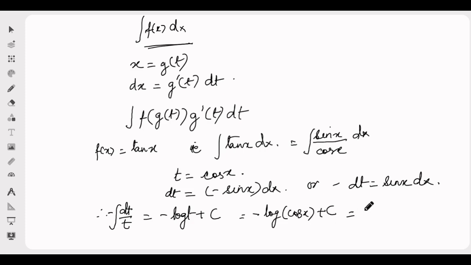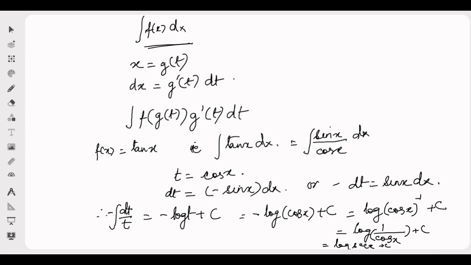Or you can write this as log of cos x raised to the power minus 1. This is the property of logarithmic functions that we are using. Log of cos x raised to the power minus 1, or log of 1 upon cos x, plus c, all this is equal to log of sec x plus constant of integration.